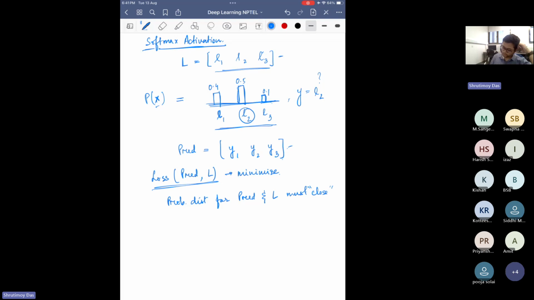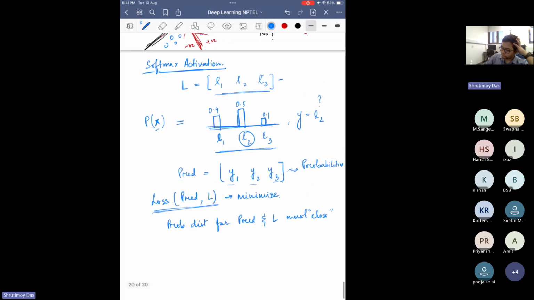Yeah, so if you have some predictions, say y1, y2, y3, and this is some probability distribution, these are your probabilities, and you know your true probability. We know that some object belongs to class L2.